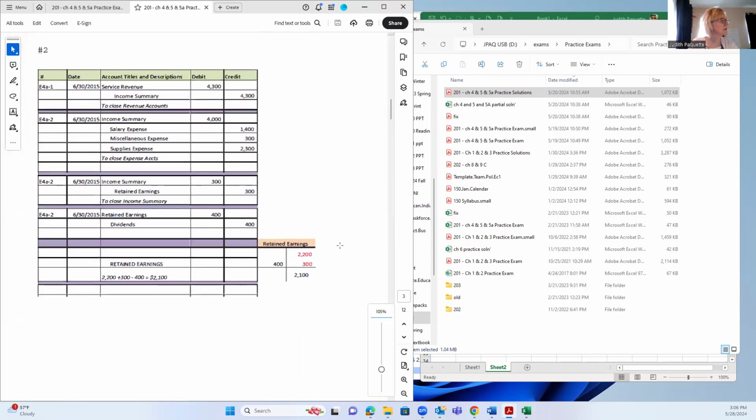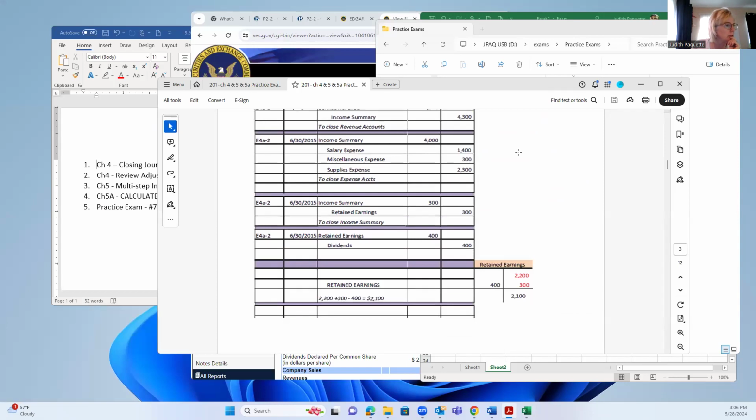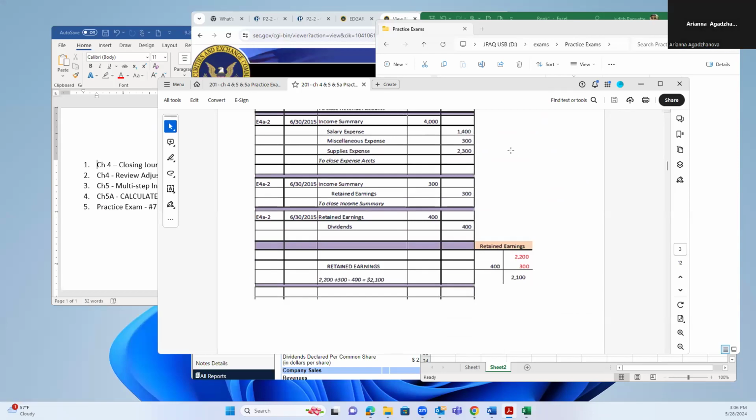So is this what you guys see in the solution? Yes. Okay. So what is different? Help me out. What do you see? The solution had 300. So in the entry to close the retained earnings, or I guess the description says to close income summary, but basically the balance for retained earnings is 300 instead of 2,200.